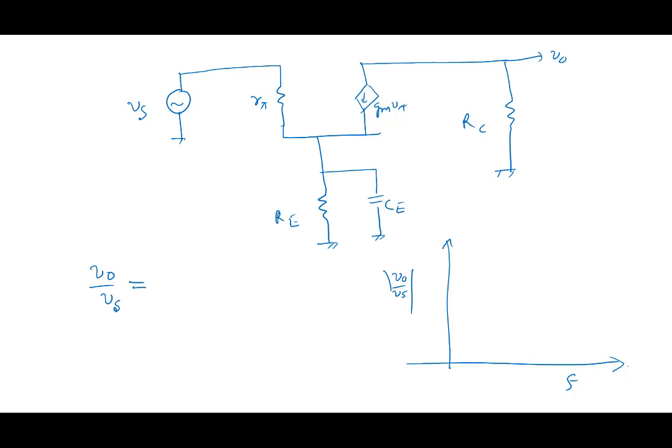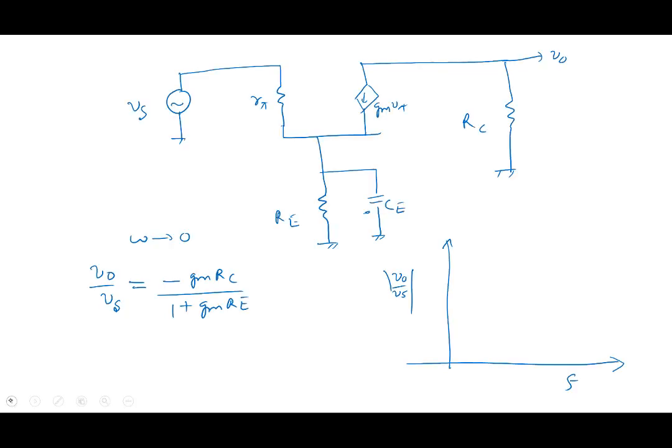So at very low frequency, if it is open circuit, then V0 by Vs is what? Remember, V0 by Vs is what? In that case, with omega tending towards 0, V0 by Vs will be equal to GMRC by 1 plus GMRE, right?